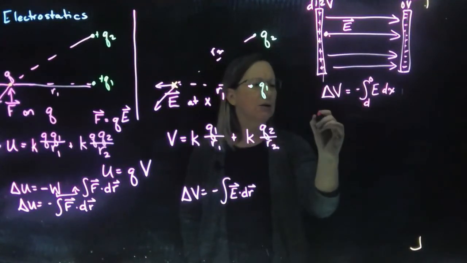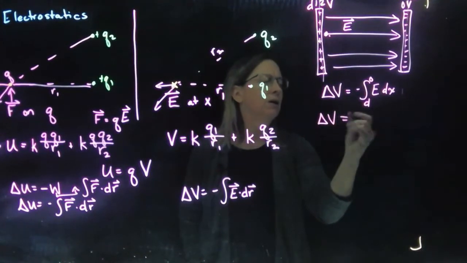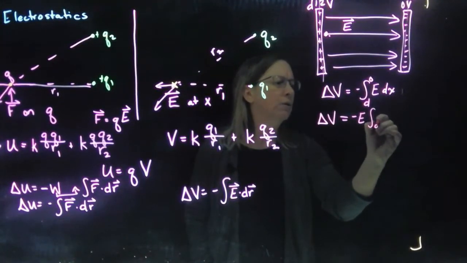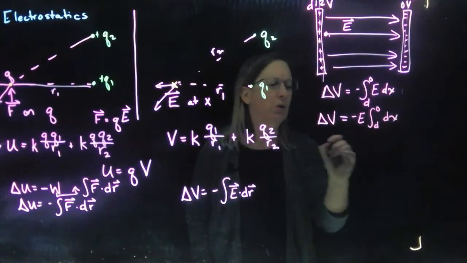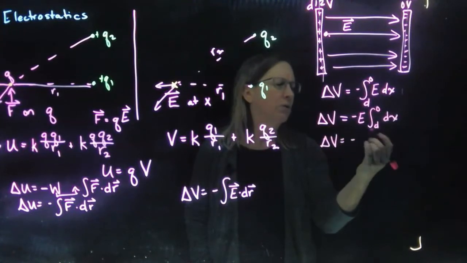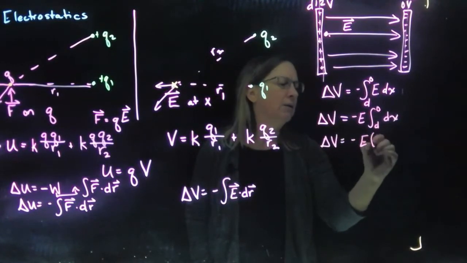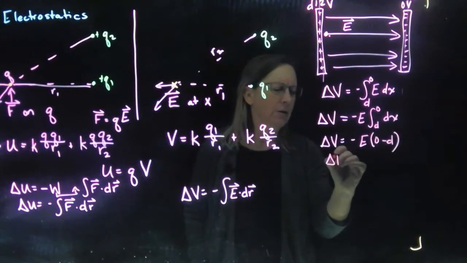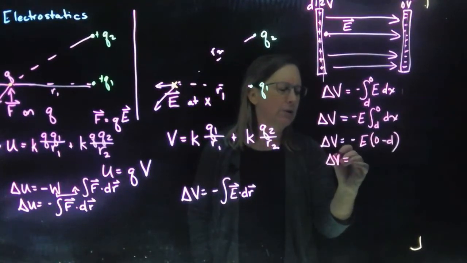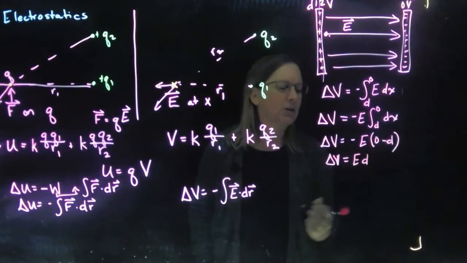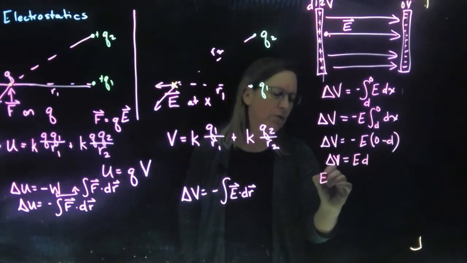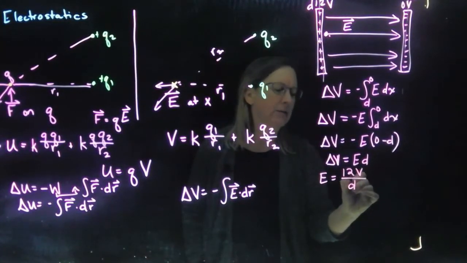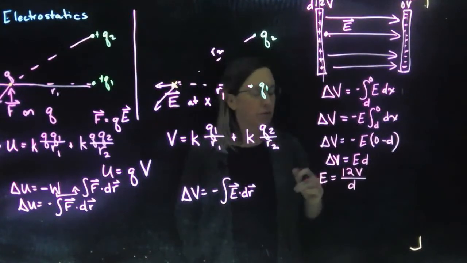If E is constant, then delta V is equal to minus E integral from d to 0 of dx, or delta V is equal to minus E times (0 minus d), or delta V is equal to E times this little distance. Our electric field would be 12 volts over whatever this distance is, right? Because the delta V would be 12 volts.